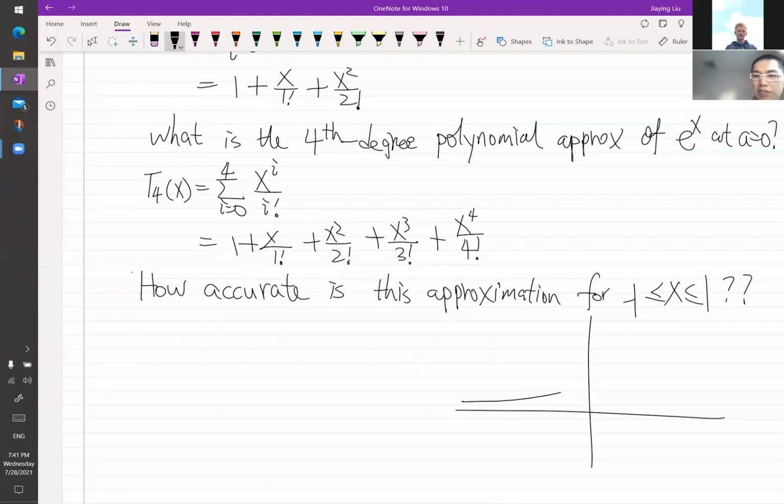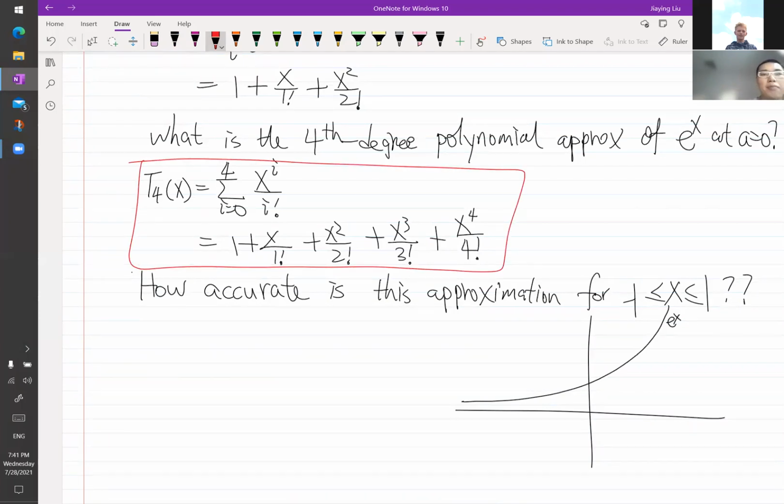So e to the x, we all know it looks like this. That's the e to the x. And then let's take this fourth degree polynomial approximation of e to the x. If you plot this function, it's going to look similar to e to the x, but not exactly the same.